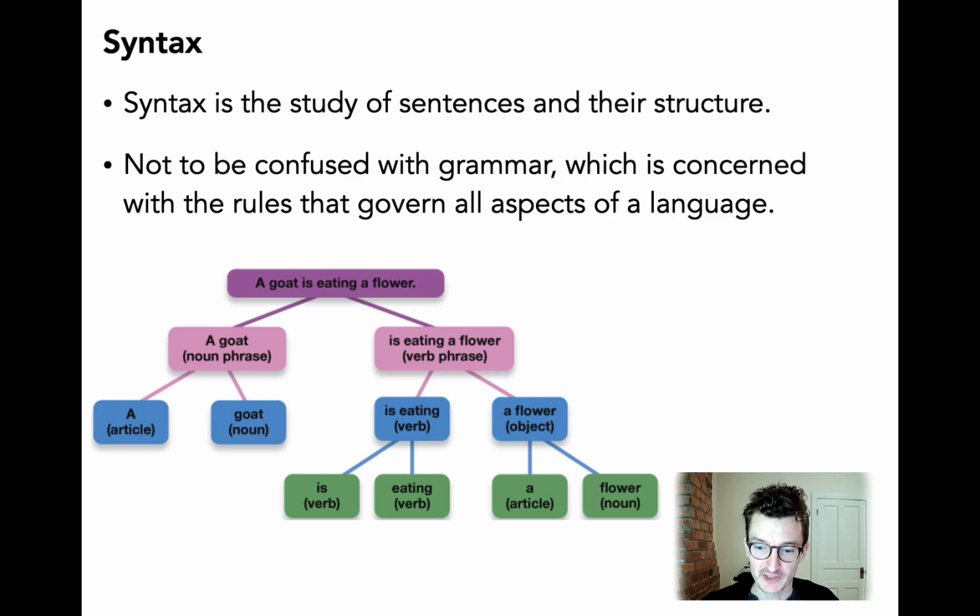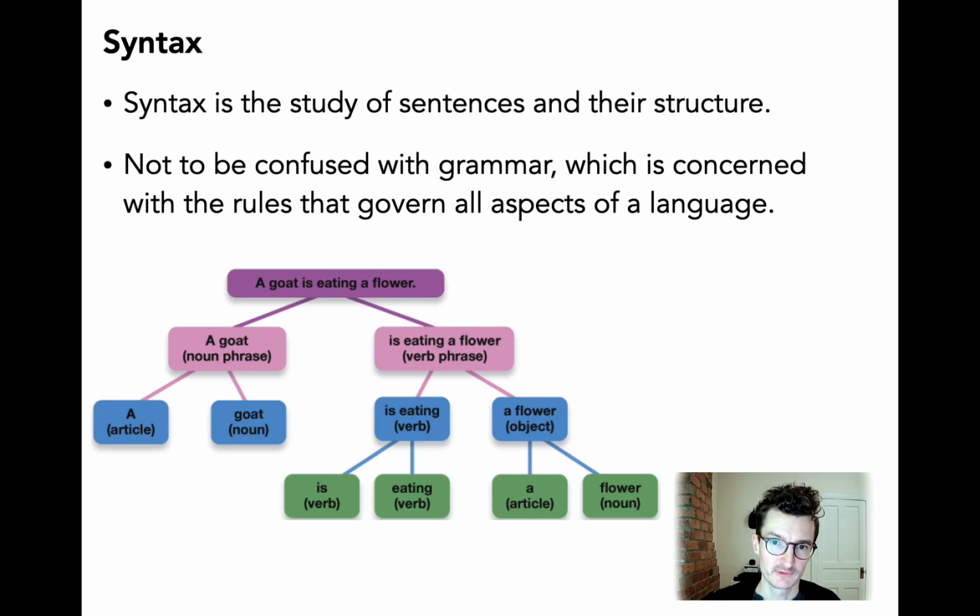If morphology is the study of words and word form, syntax is how we combine words together into sentences. It covers the rules that allow us to do this, and how, when we read a sentence, we understand it. We extract meaning from it, how we parse it. Syntax is not to be confused with grammar. Grammar encompasses both syntax and morphology.